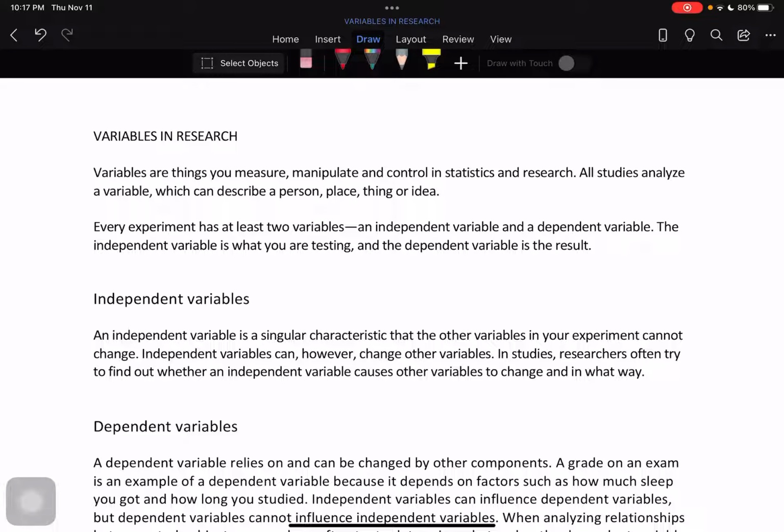Okay, so let's start with the definition of a variable in research. By definition, variables are things that you can measure, manipulate, and control in statistics and in research. Because of this definition, wherein variables are measurable, manipulable, and controllable, most of the time the type of research that uses variables is quantitative research.